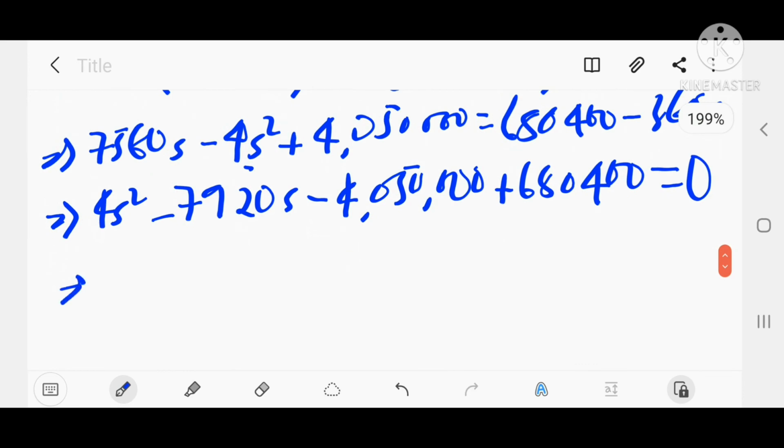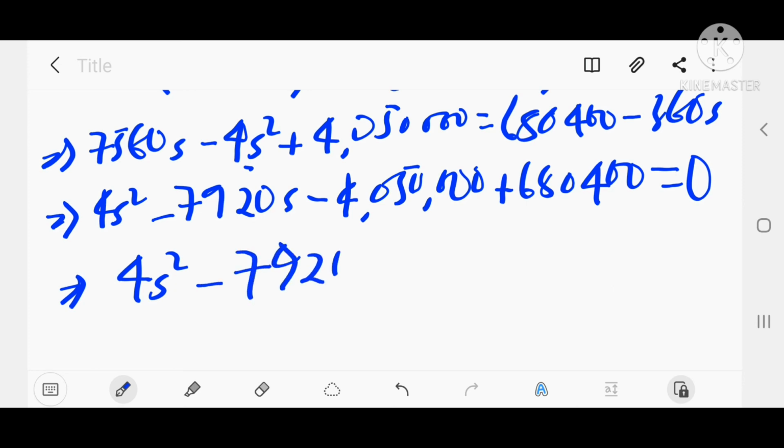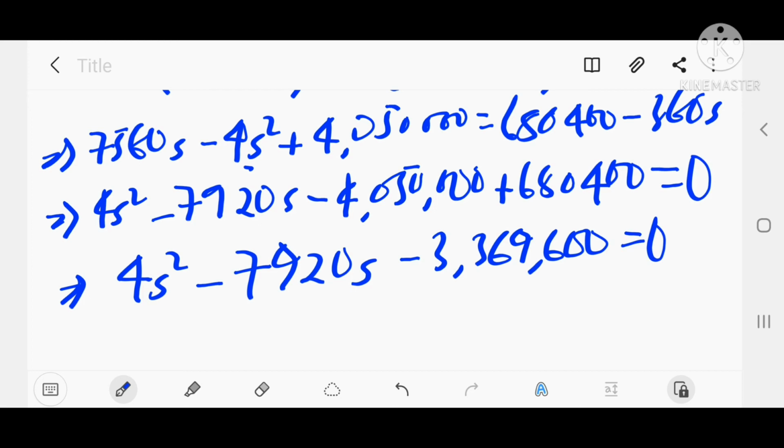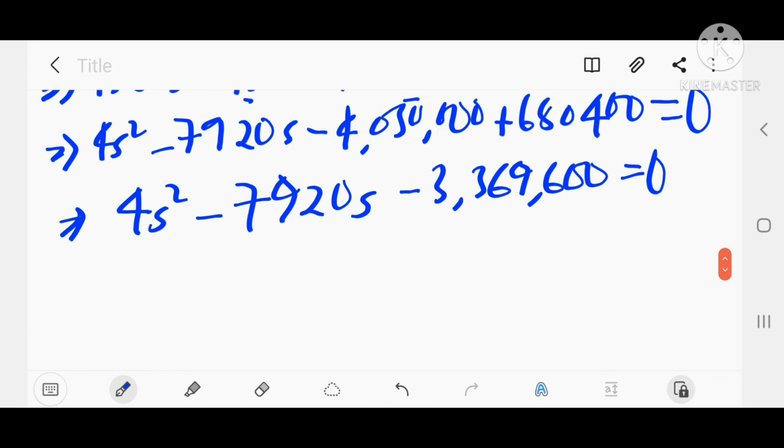This implies that 4s squared minus 7920s, then minus 3,369,600 equals 0.